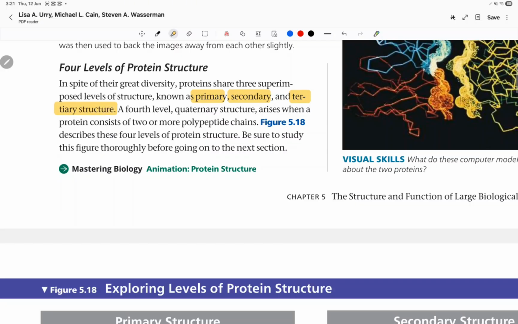Only some proteins have the 4th level, which is called the quaternary structure, which is based on the connection of 2 or more polypeptide chains. A very common example is hemoglobin. It's one of the few proteins to have this type of structure.